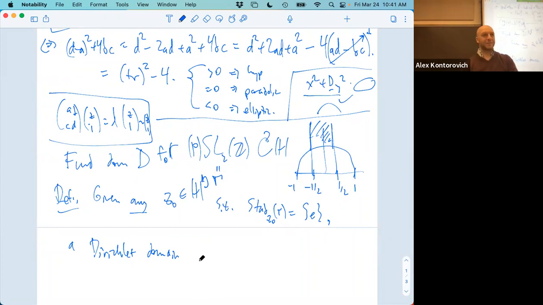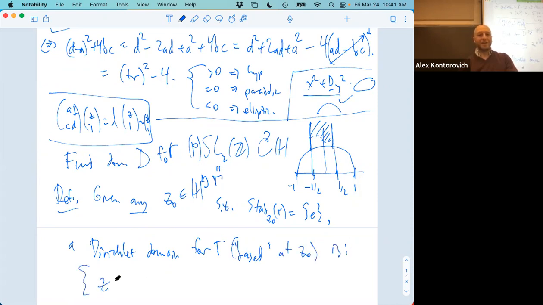In fact, if you use I in this definition, then you'll get the wrong answer. That's right. Well, there are lots of other elliptic points. All the images of I in this thing are all elliptic. So a Dirichlet domain for gamma based at Z0 is the following.